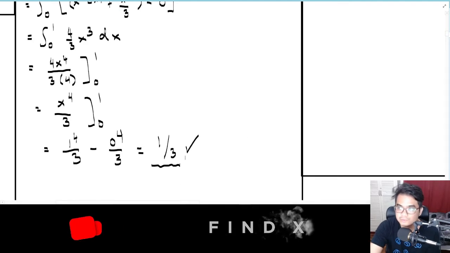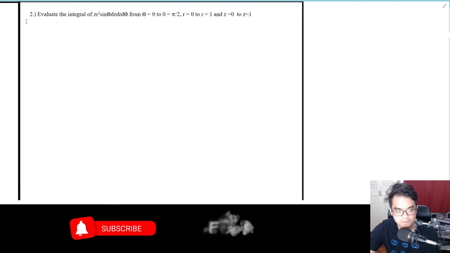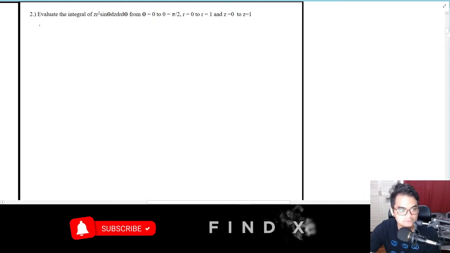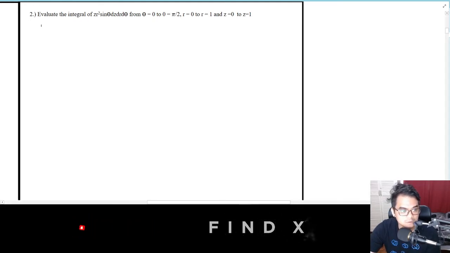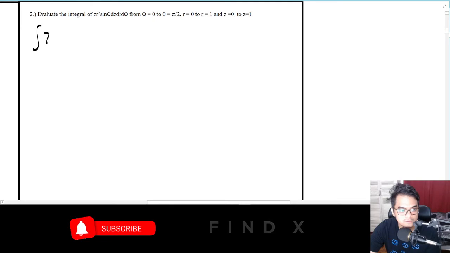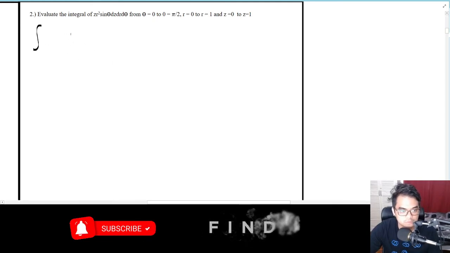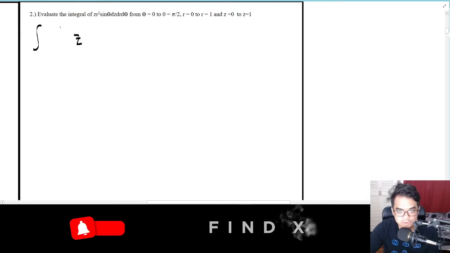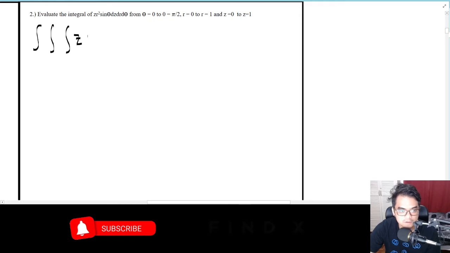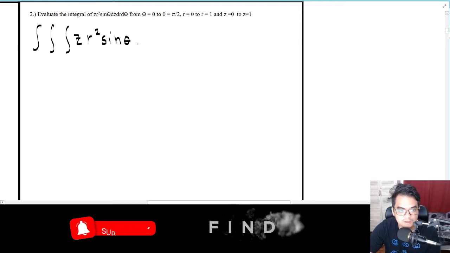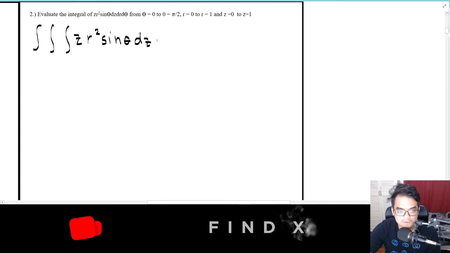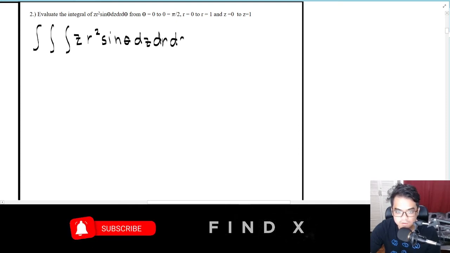Let's do number 2. For number 2, you have to evaluate the integral of z. This is actually a triple integral: z r squared sine theta dz dr d theta.